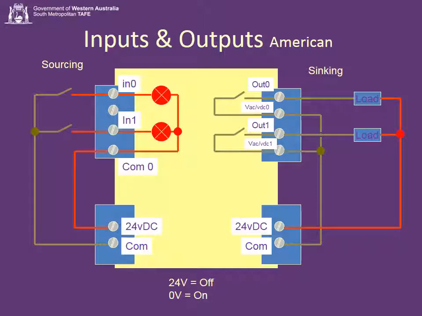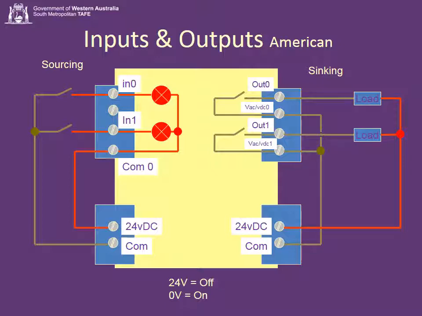The outputs are sinking outputs. In other words, the screw on the BMS is connected to 0 volts. The load is permanently powered up. So the load permanently has 24 volts on it. But of course it doesn't come on until we switch the return. So with the sinking output, when the contact closes, output 0 screw then becomes 0 volts and the load comes on.